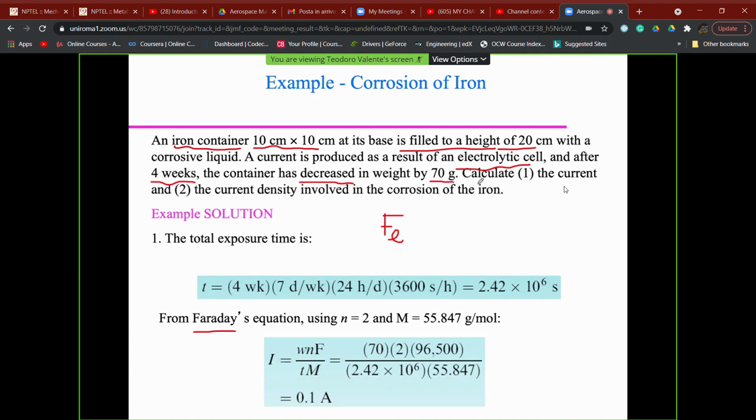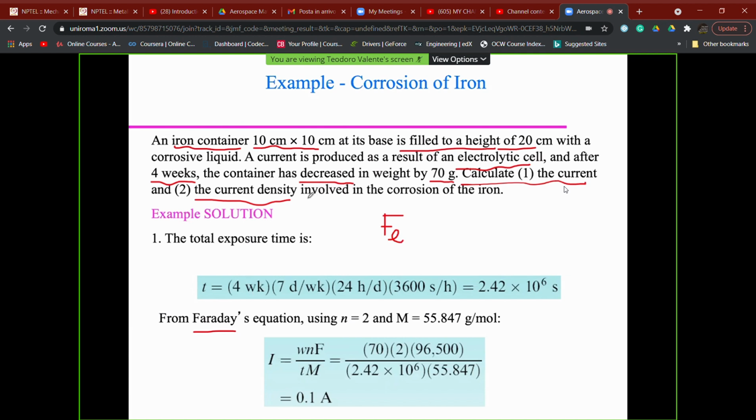The question is: calculate the current which was present during this period in order to have this weight loss of 70 grams, and calculate also the current density which is involved in the corrosion of iron. Here we distinguish between the concept of current and the concept of current density. The current density we have defined as one of the possible units of measurement of a corrosion rate, and the difference is linked just to the surface on which the corrosion happens.